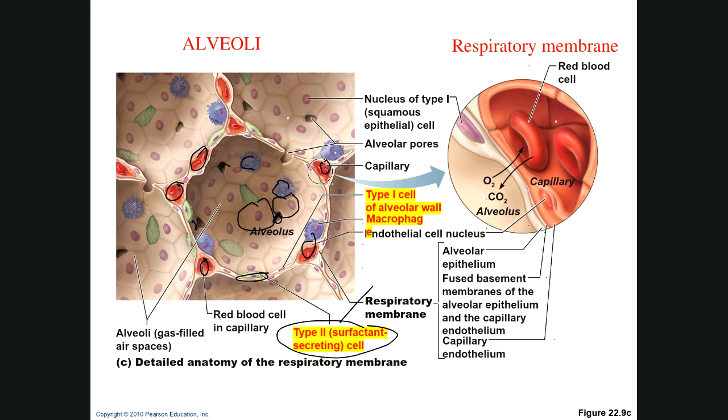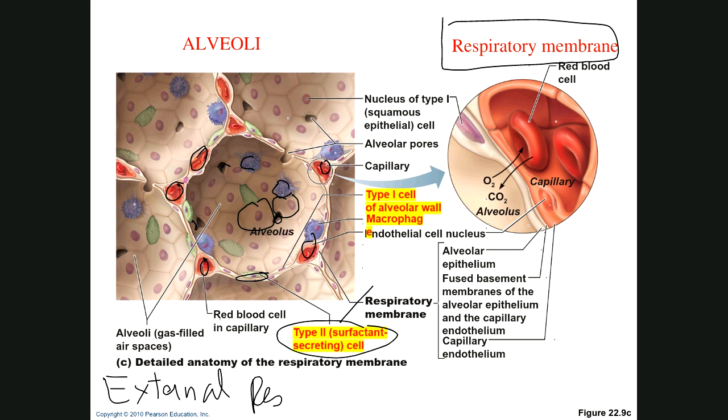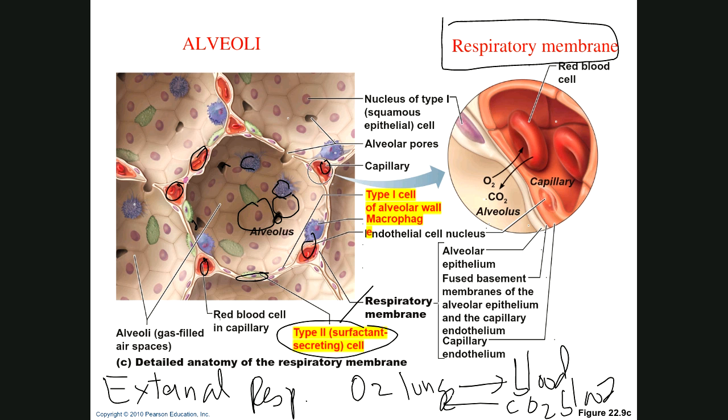This right here is the respiratory membrane, which is the membrane that facilitates the exchange of gases. Remember, at this point in this respiratory zone, the exchange of gases corresponds to external respiration, which means oxygen is going to go from lungs to blood, and CO2 is going to go from blood to lungs.